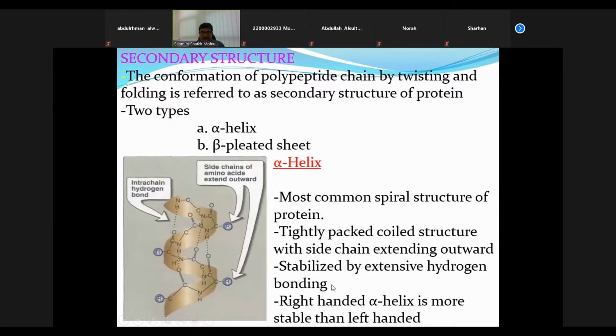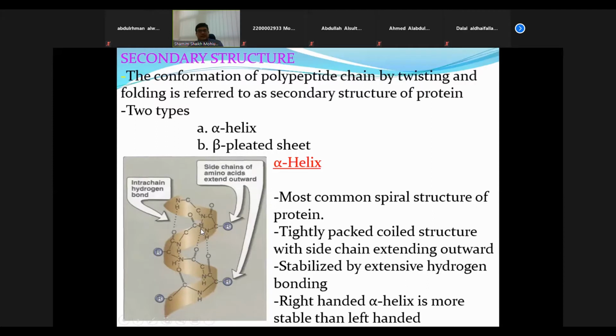Now the question is how this coil structure is maintained. It is stabilized by extensive hydrogen bonds. You can see here the dotted lines are all hydrogen linkages, or hydrogen bonds, between hydrogen and oxygen.